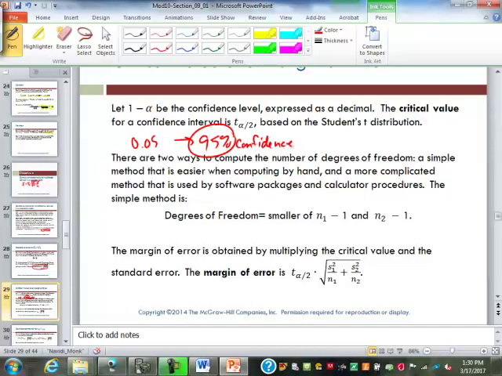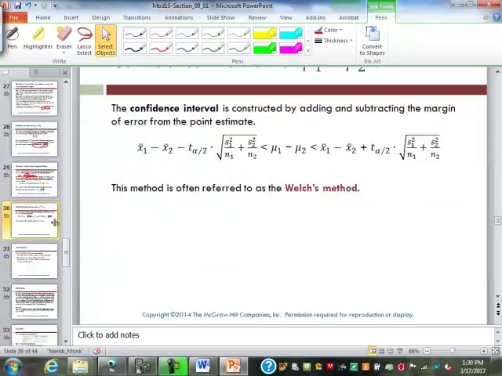For the degrees of freedom, there are two ways to compute it. The simple method is just to take the smaller of the two. Software packages will do a more complex one.